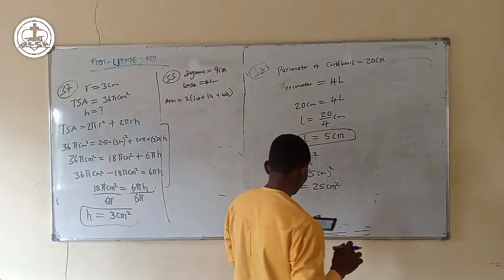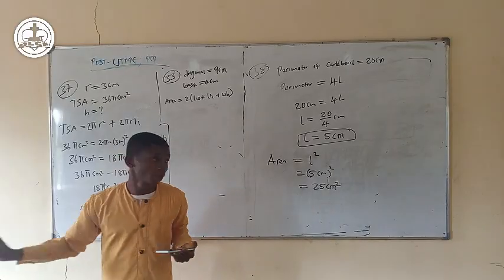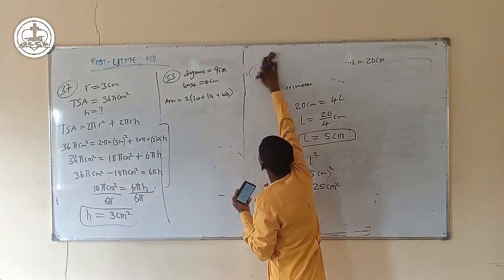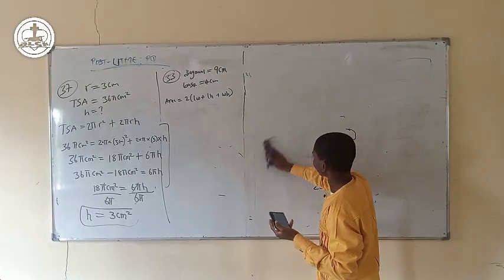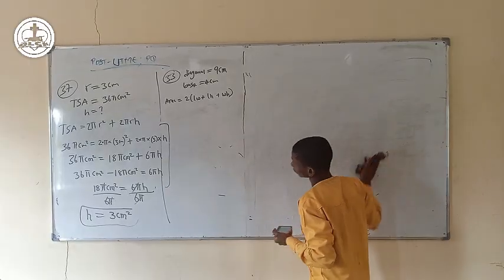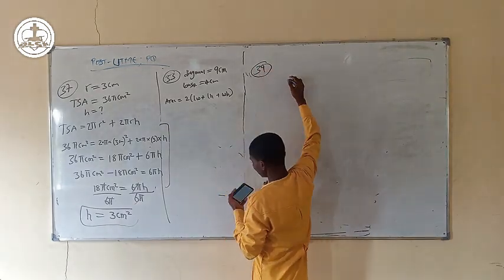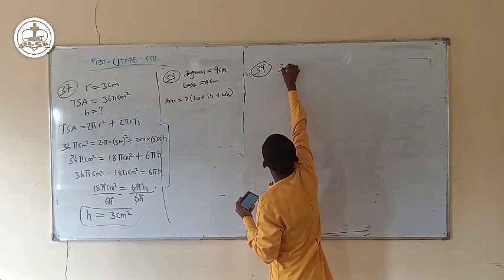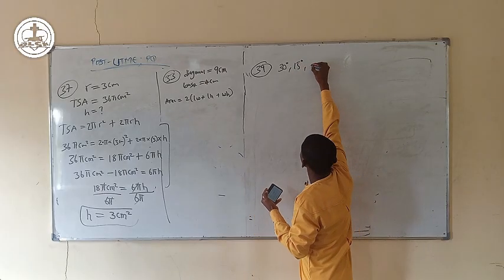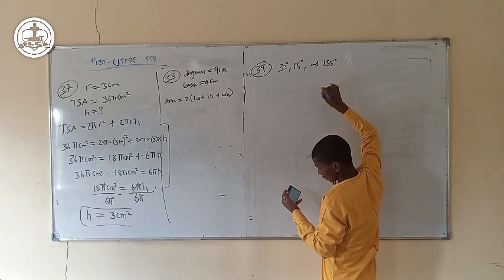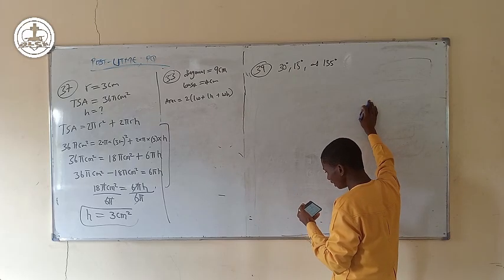Now we have 39. A triangle has angles 30 degrees, 15 degrees, and 135 degrees. The side opposite to the angle 30 degrees is length 6 centimeters.